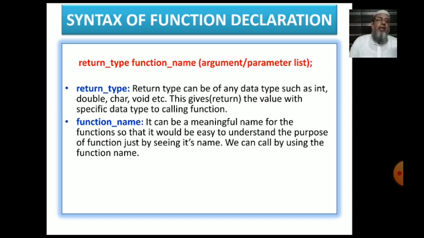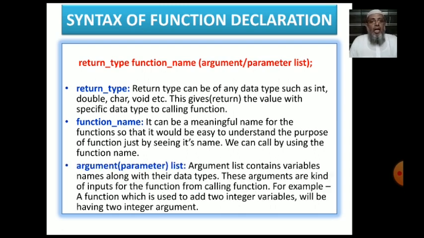If we give a name like add_to_num, it means that function is written for the addition of two numbers. And the third one is the argument or parameter list. Here we provide the values which are passed to the function body from the calling function, and the operation takes place on those parameters or arguments.